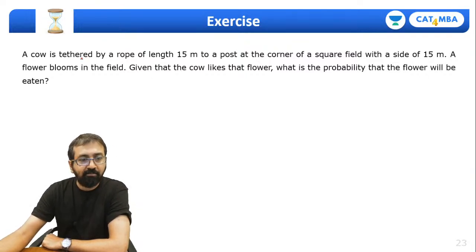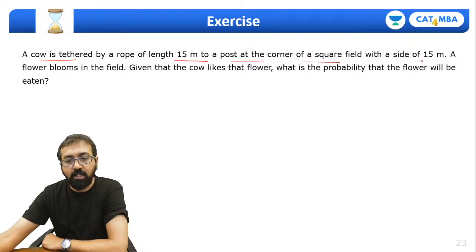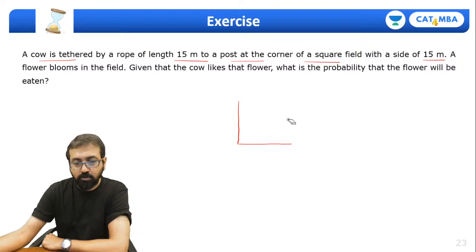So some more time. A cow is tethered by a rope of length 15 meter to a post at the corner of a square field with side 15 meter. Right? The cow is tethered like this. Let me just draw it properly.